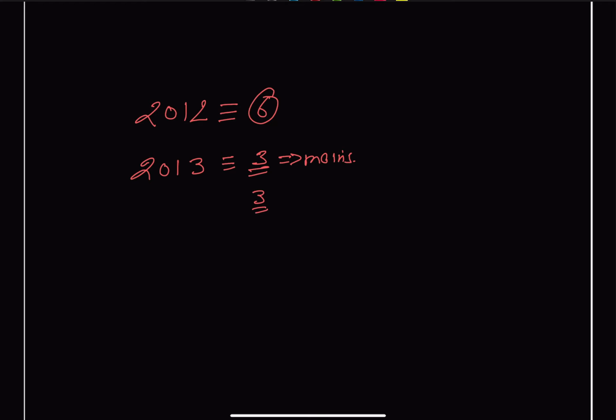Hello friends, so today we are going to solve the questions from the year 2012, total 6 questions. From 2013, we are going to have 3 as mains questions, and 3 will be from advanced.